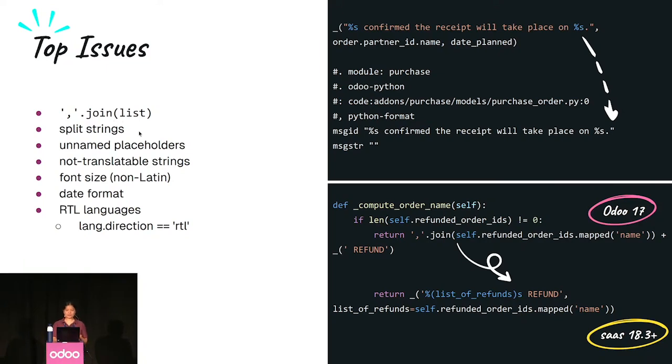Split strings are also a big problem. So for example, people might sometimes do, oh, your purchase order is, and then depending on the situation, if this, then add on this extra string. If this, add on this extra string. But the problem is there's a lot of languages where you have to rearrange the sentence. And when you split them like that, the person translating it is going to see, oh, your purchase order is, and then they'll see on another line, ready, or delayed, things like that.